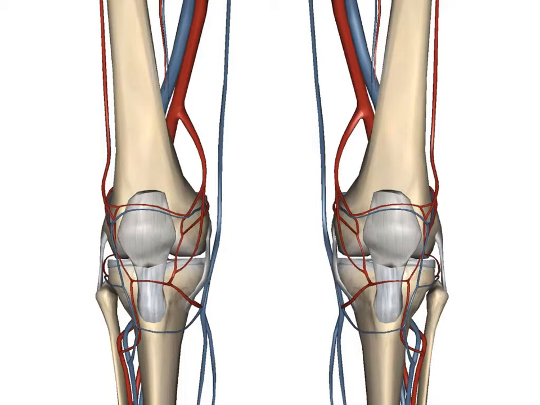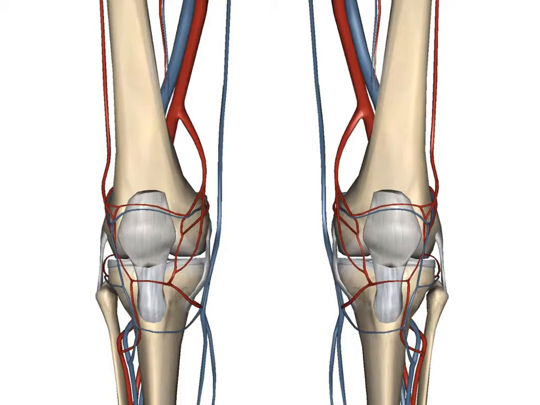What we can see here, just before it becomes the popliteal, is an artery coming off, which is the descending genicular artery. The other genicular arteries are probably best seen on the posterior view. The popliteal artery can be said to begin after the bifurcation with this descending genicular, so this is where it becomes the popliteal artery here.